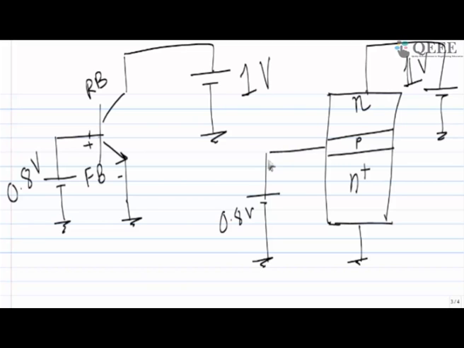Now what is going to happen? If I am connecting 0.8 volt here, this PN junction is forward bias and it will give some holes over here, or there is a flow of current in the direction of hole. If it's giving holes from P to N plus side, this N plus will create more electrons than what the hole came, because it's an N plus region.